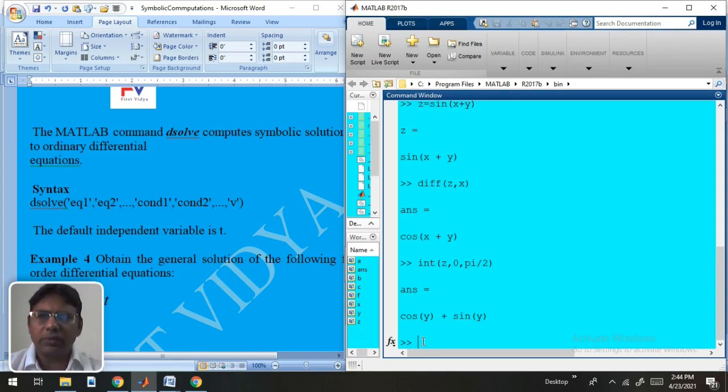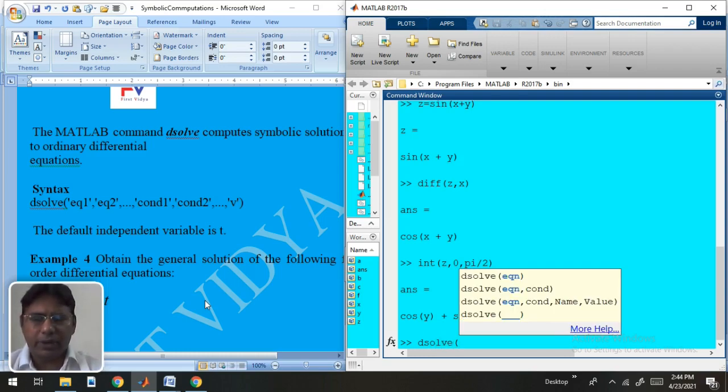To solve this one, we will write dsolve, and then capital D y, because dy by dt we are writing as Dy, is equal to 2 into y plus t.